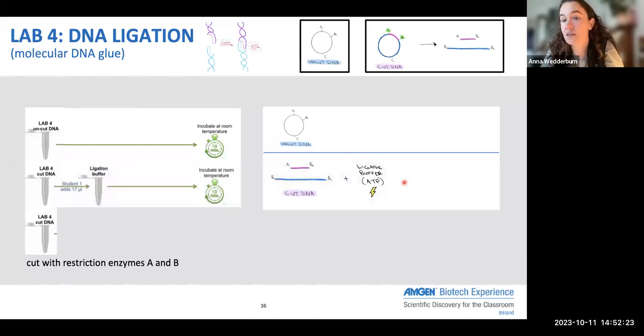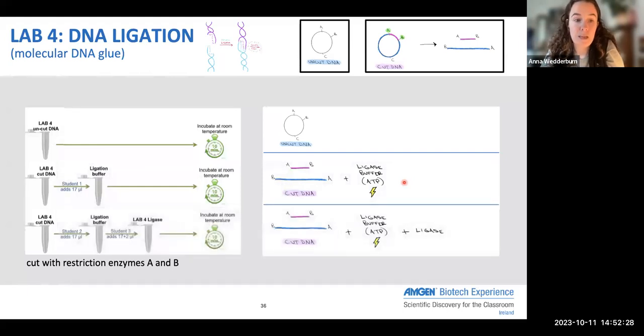So this is essentially acting as our negative control, so we don't expect anything to happen here. And then down at the bottom, we've got our cut DNA plus the ligase buffer, or the ATP, plus the ligase. Once all those things have been added together, you're just going to leave it for 10 minutes. So you've got your uncut DNA, leave it alone, just leave it 10 minutes by itself at room temperature.